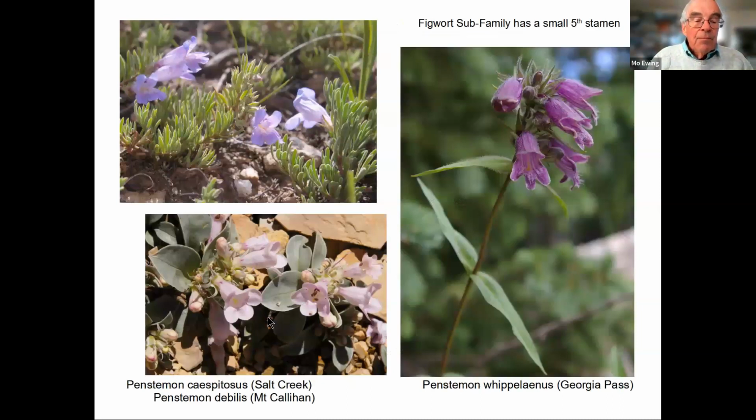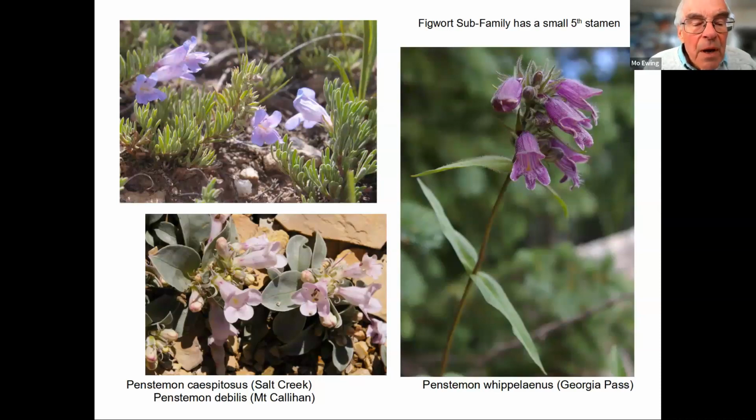This is Penstemon cyathophorus. Took this up in Salt Creek in South Park. And it's a little hard to see the 3 down and the 2 up on this one.